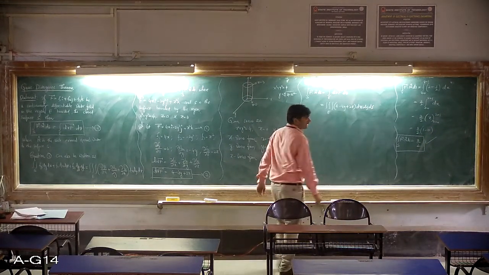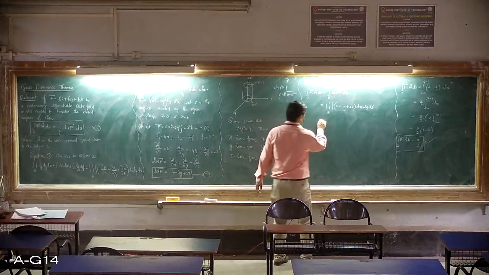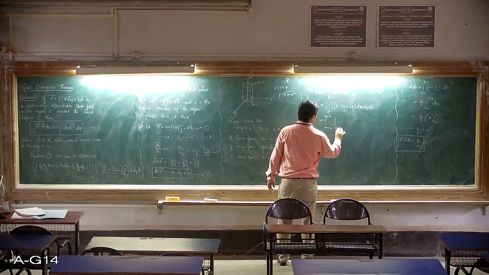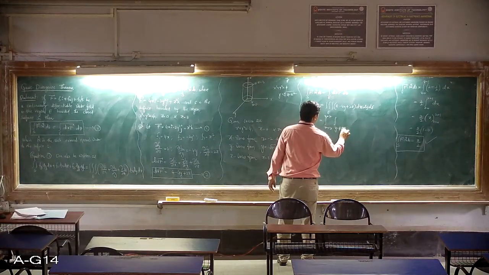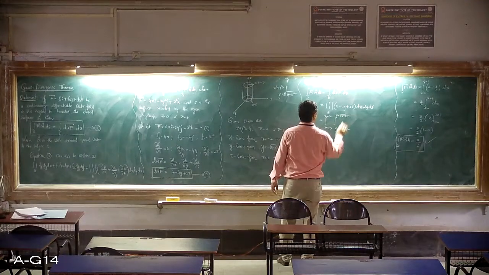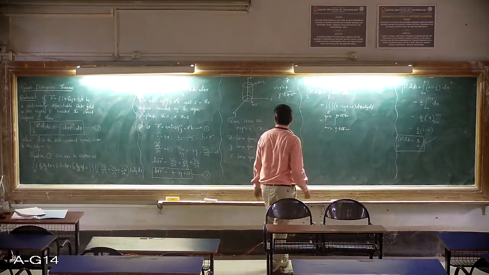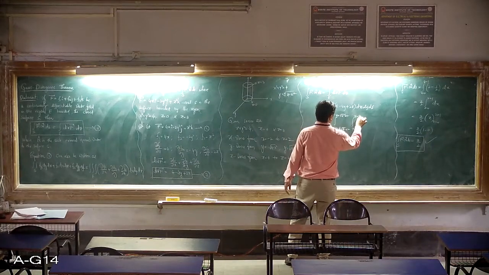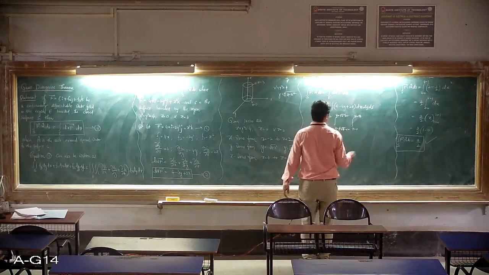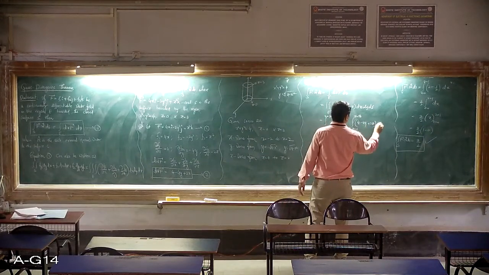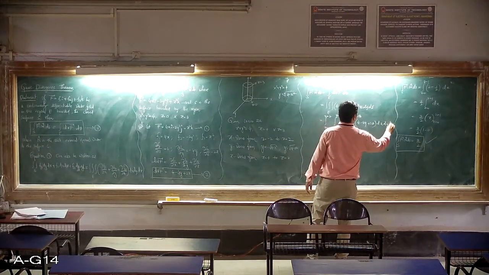We have already found the limits, so write them also. X from minus 2 to plus 2, y from negative square root of 4 minus x square to positive square root of 4 minus x square, then z from 0 to 3. It will be 4 minus 4y plus 2z into dz dy dx.